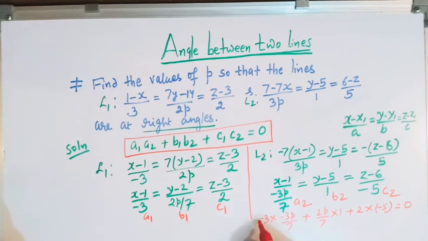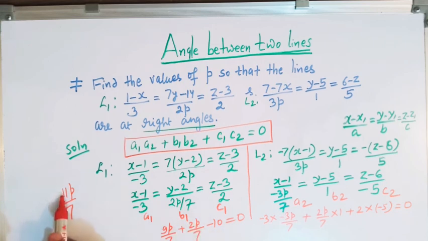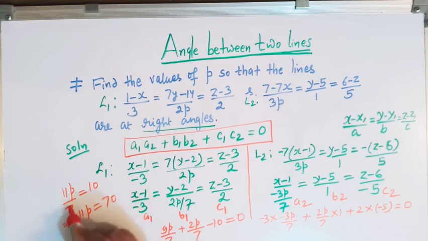Now this is 9p divided by 7, 3 3s are 9, 9p, plus we have 2p by 7 minus 10 is equal to 0. Now this is 11p divided by 7, 9p plus 2p is 11p divided by 7 is equal to 10, and 11p is equal to 70, 7 tens are 70, and p is 70 divided by 11.